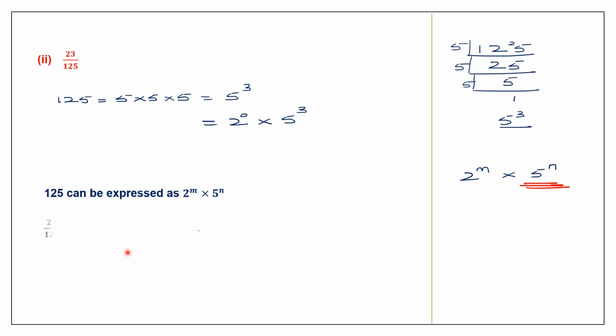That means this rational number 23 by 125 is a terminating decimal. So what should we do? Take the denominator, find the prime factors, see if you can express it in this form. Since there's no other number with 5, we can add 2 to the power of 0 because that will be equal to 1. 1 into 5 to the power of 3.